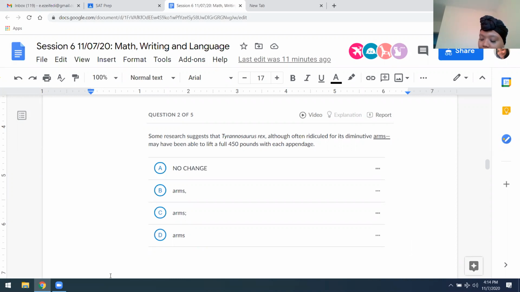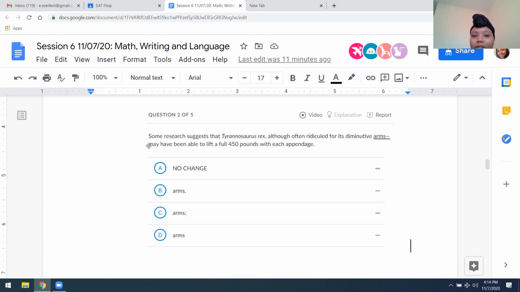I will say too, if you don't remember the grammar rules, many times once you start to read the sentences, you're going to want to have some kind of symmetry. You want to have a balance.